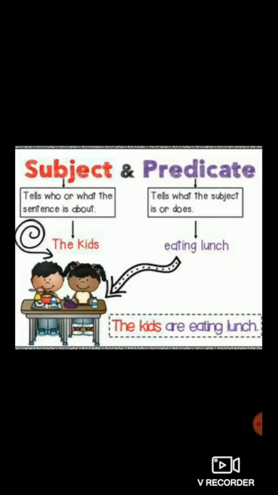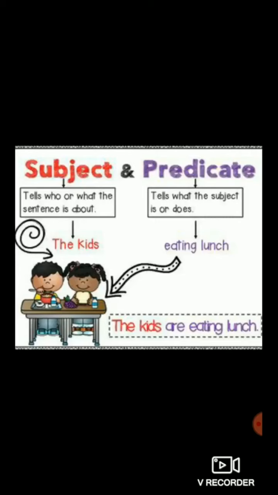Always keep one thing in mind. The predicate starts with a verb. In the predicate, a verb is there. It can be an action verb like talk, sit, laugh, dance, sleep, walk, run. These are the action verbs. And what are helping verbs? Is, am, are, was, were. So it can start with a helping verb or an action verb.